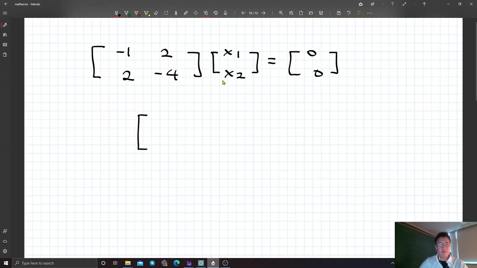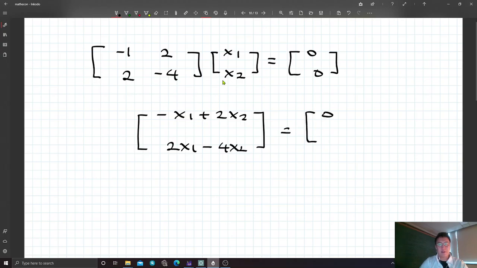I have negative x1 plus 2x2 as the first entry, and the second entry will be 2x1 minus 4x2, so that is 0 and 0. The first equation gives me x1 equals 2x2. The second equation gives me 2x1 equals 4x2.